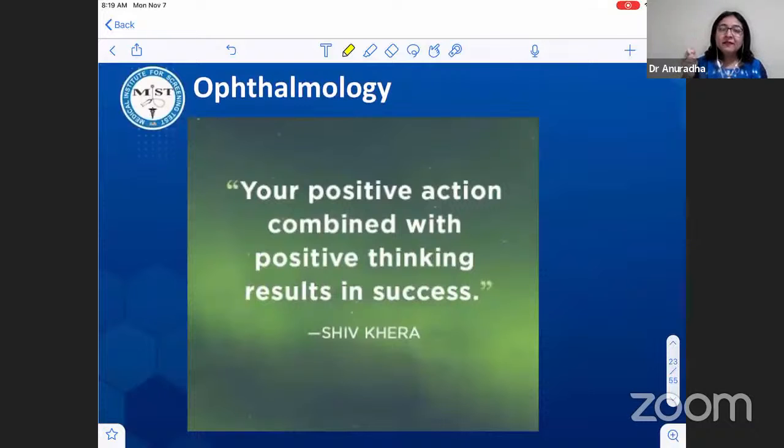Your positive hard work, complement that with positive thinking. Your hard work is going to pay off. Have faith in yourself. You are doing fine. You are now going to work harder. And with that positive thinking, I'm sure all of you are going to come with flying colors in your upcoming exam. So let's be positive in everything we do.